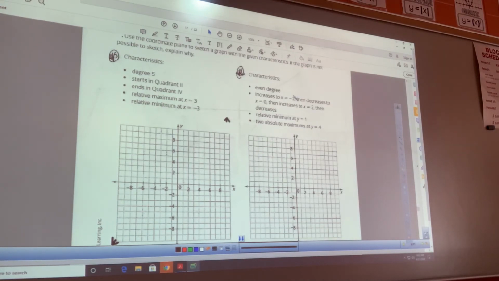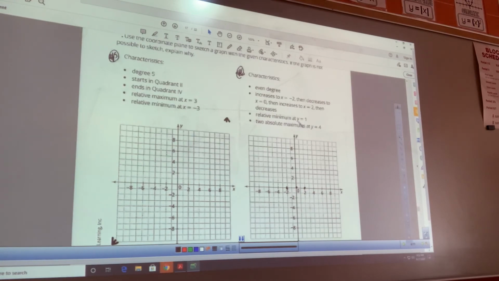Okay, let's look at this one. Even degree. It increases to x equals -2. Then it decreases to x equals 0. Then it increases here. And then it decreases.